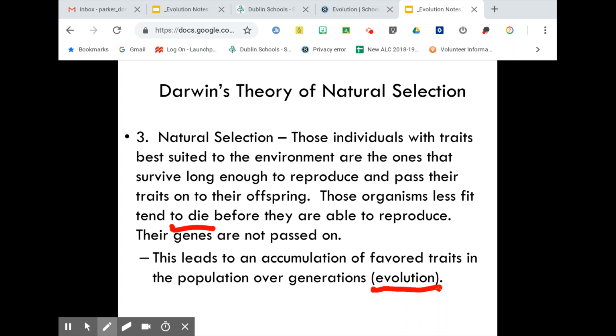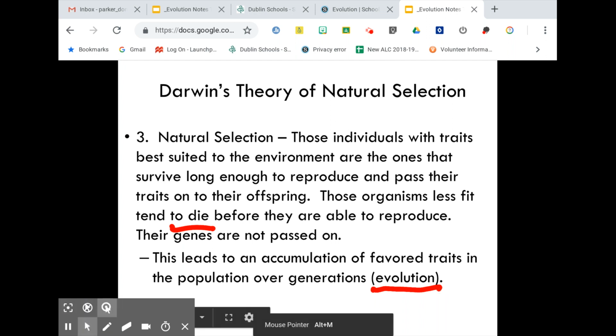Going back to the rock pocket mouse activity, within 10 generations you were able to see change in genotype and phenotype because mice reproduce very quickly and they have lots of offspring. So organisms that tend to have some of those types of traits go through the evolution process perhaps a little bit better because there is excess reproduction and excess offspring.